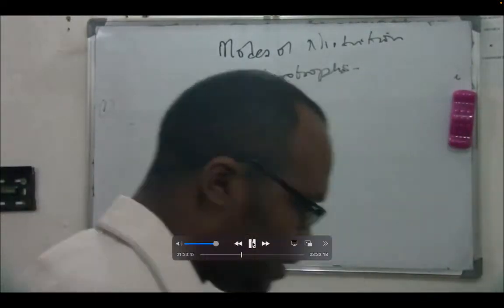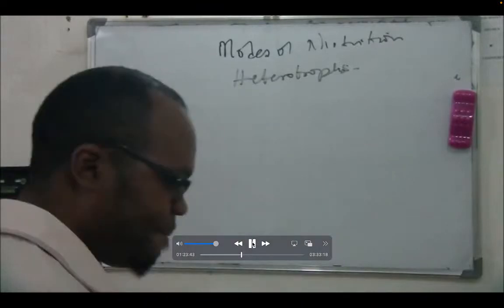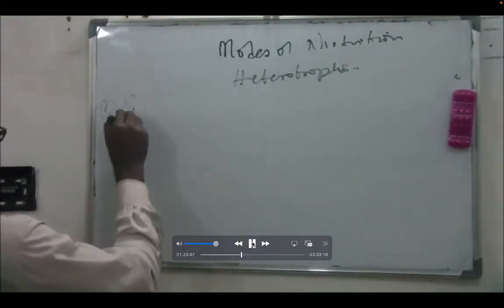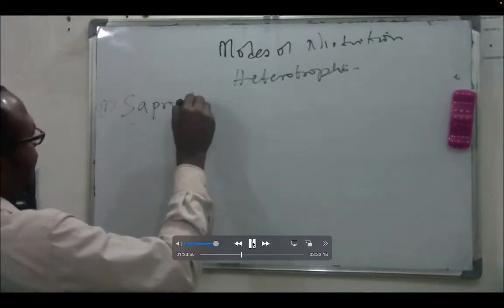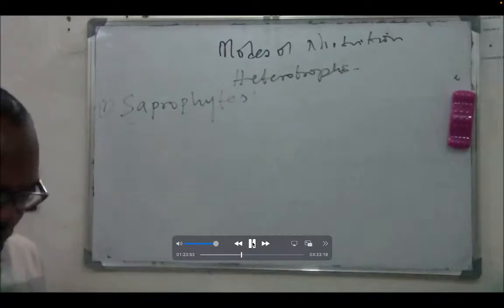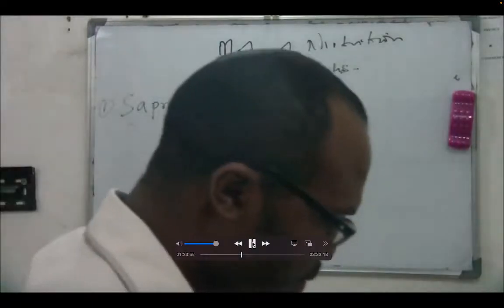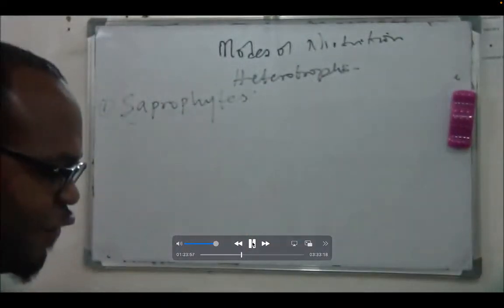Saprophytes. They are a very good example. And how do saprophytes feed? Saprophytes feed on dead remains of plants and animals.